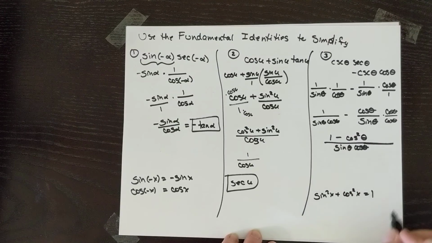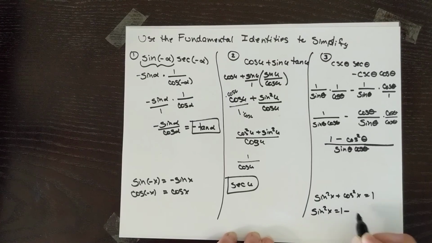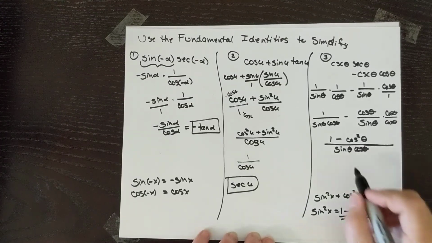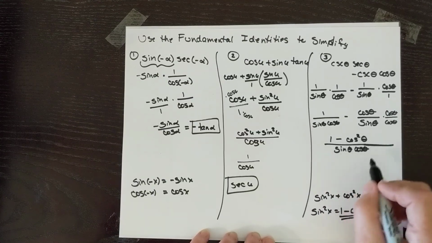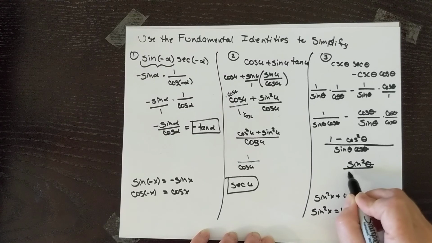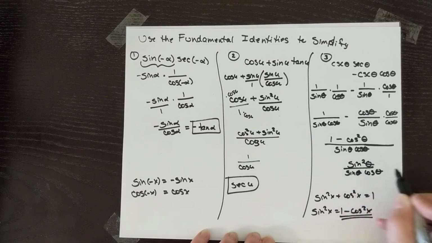If I manipulate this equation by subtracting the cosine squared of x from both sides, I get that the sine squared of x is 1 minus the cosine squared of x. So I see that 1 minus the cosine squared of x is really sine squared of x. That means I can rewrite my numerator as the sine squared of theta over the sine of theta cosine of theta.